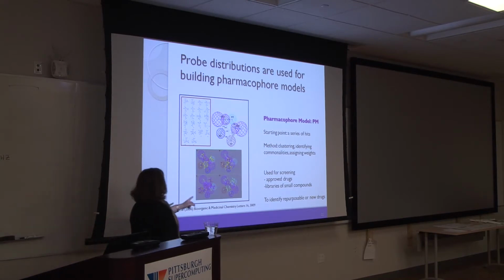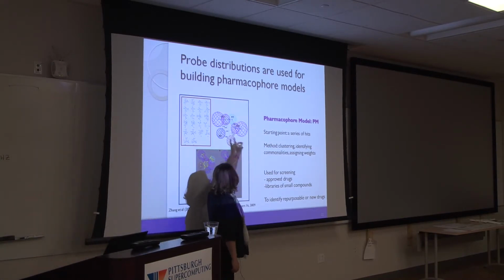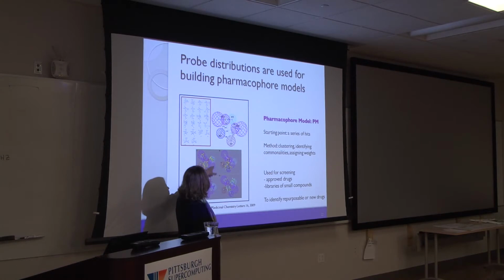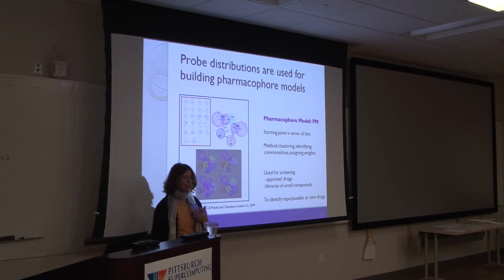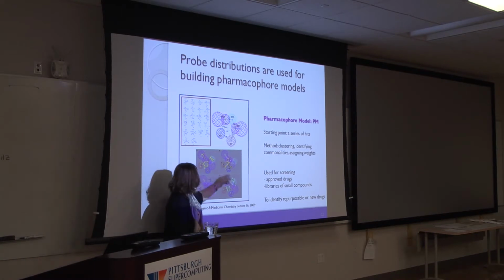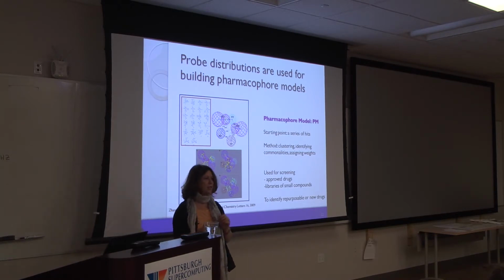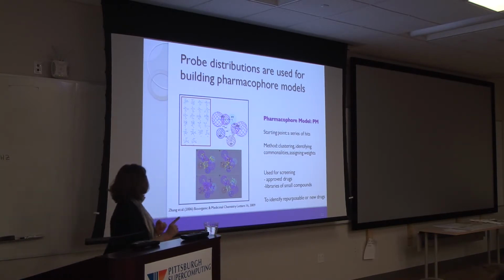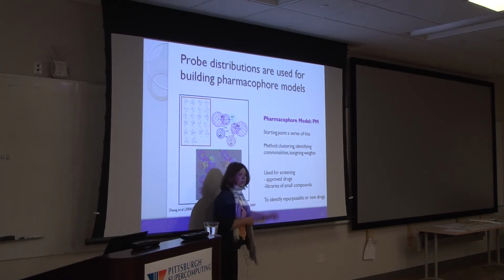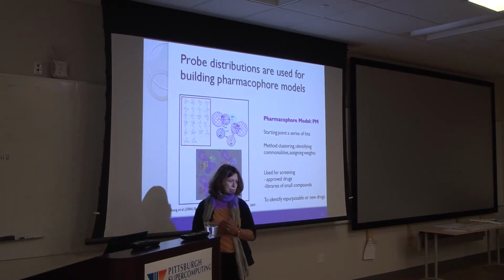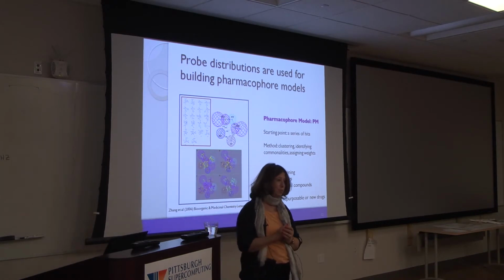When you screen approved drugs, you look for something that fits this model. This is your model. Now you are putting different compounds, right? And you are trying to see whether each fits it. These are different trials. Suppose you find one that really fits well, then okay, this is a good candidate for in vitro testing. If this is one of the drugs that's already approved, we call this a repurposable drug.